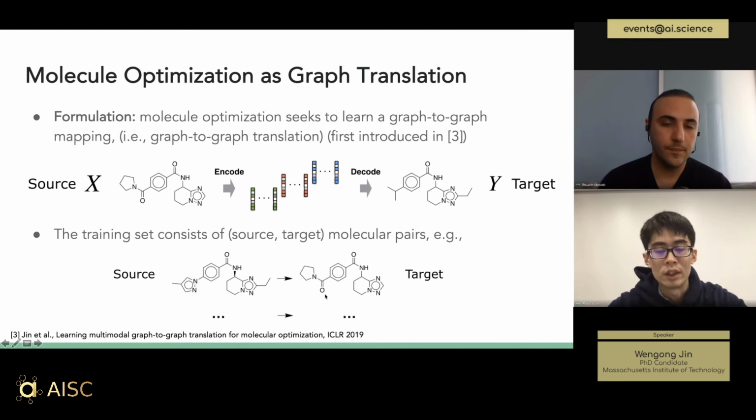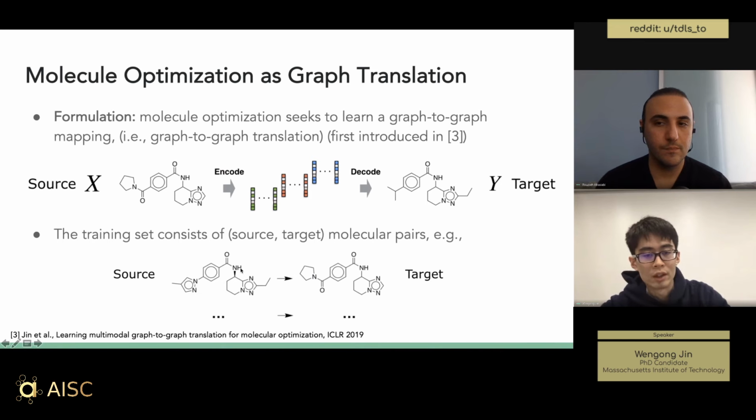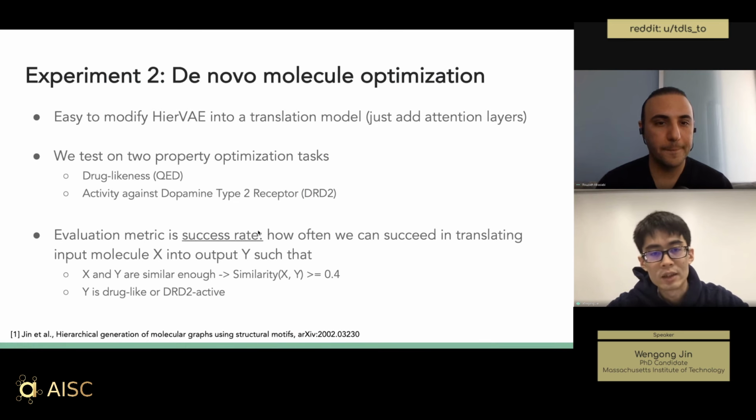The model does not have direct access to the property predictor. It only knows what kind of graph transformations will typically improve the property. So in that sense, the model does not directly interact with the property evaluator, but rather observes it through the data that the model is being trained on.